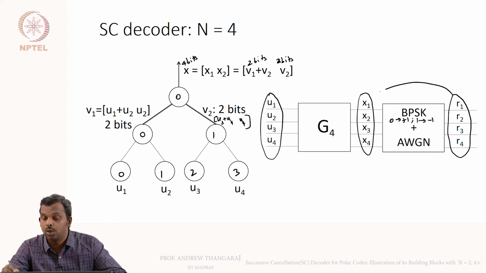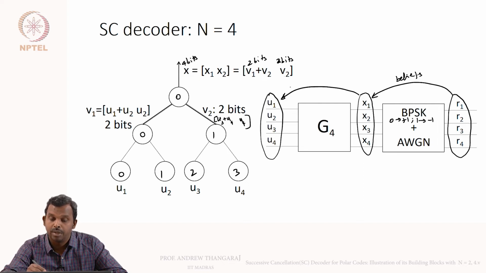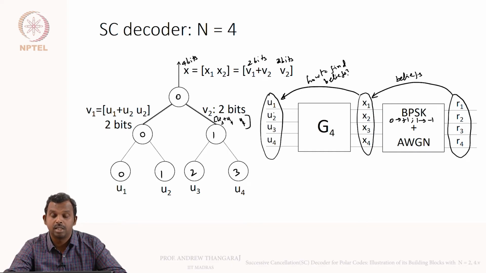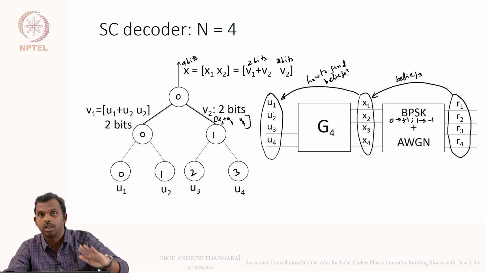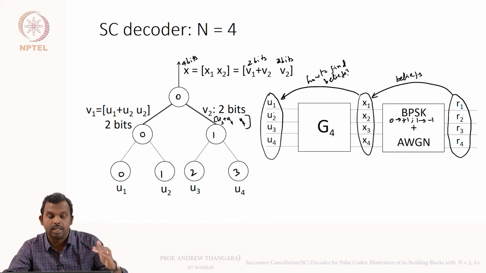Remember again, R1, R2, R3, R4 are beliefs for x1, x2, x3, x4. How do you find beliefs for u1, u2, u3, u4? That is the central question that we answer in the successive cancellation decoder, the polar decoder that we have. We do it in a successive fashion.